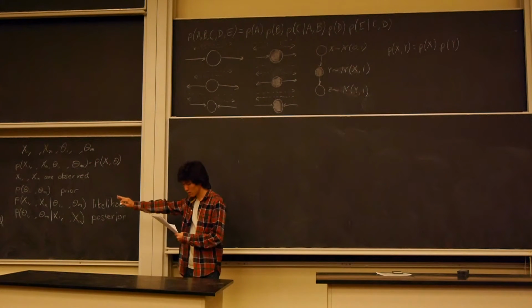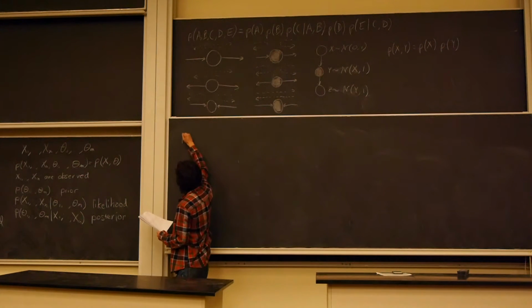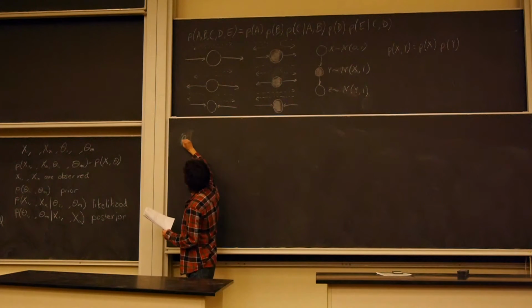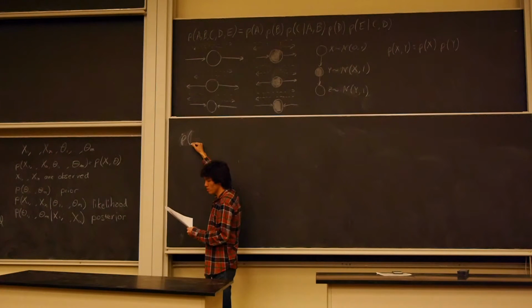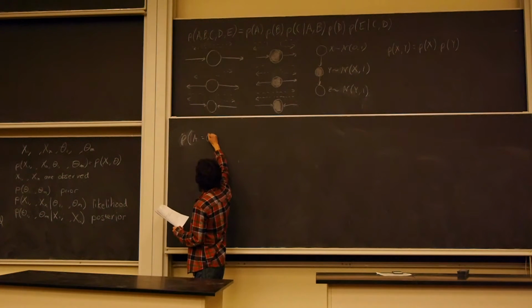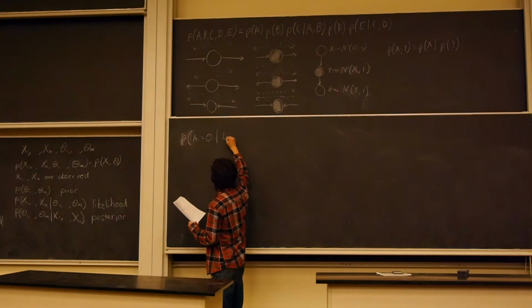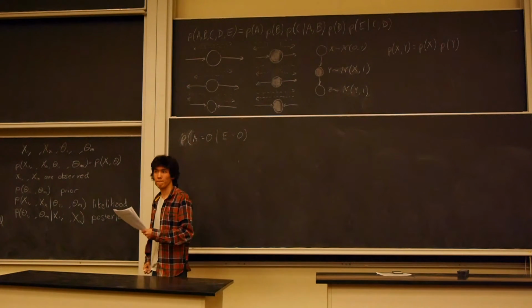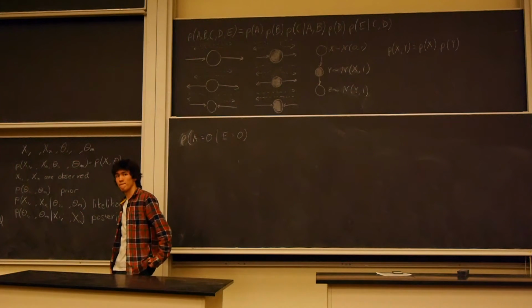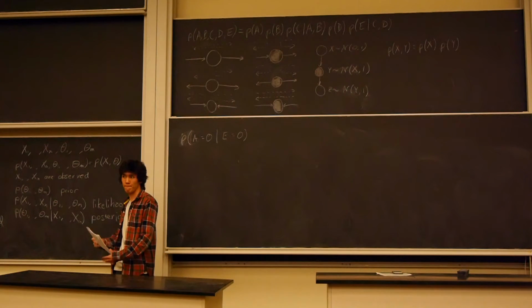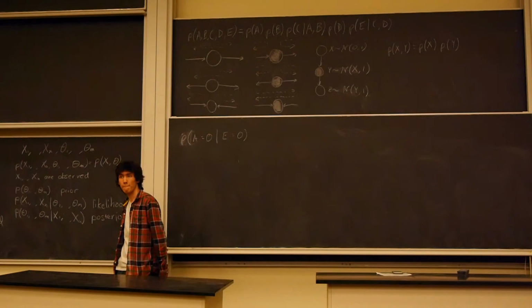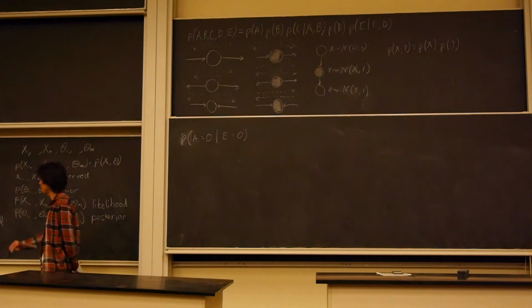In that model, what is the probability that A is 0, given that E is 0? Anyone have a guess? I'm using this model, by the way.